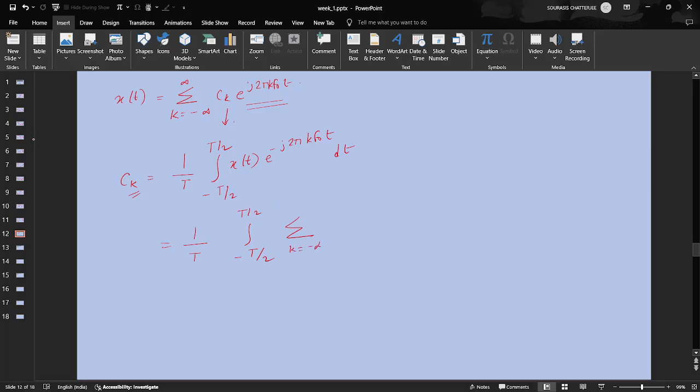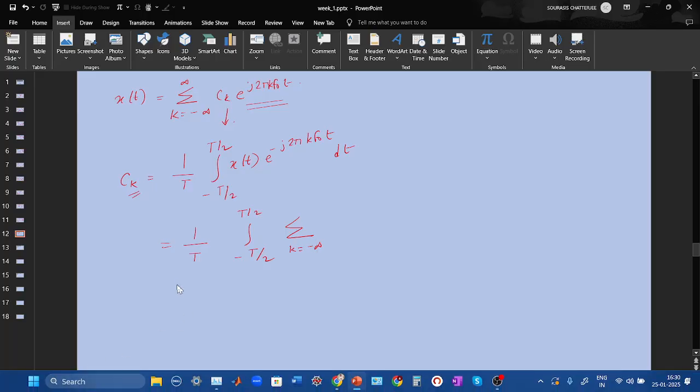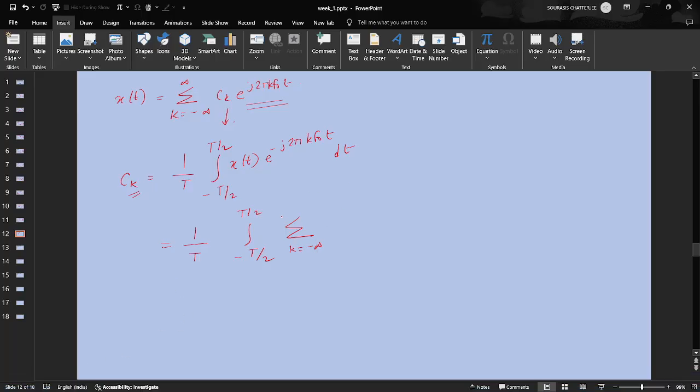You will have the sum over k dash from minus infinity to infinity of ck dash e to the power minus j 2 pi (k minus k dash) f naught t dt.